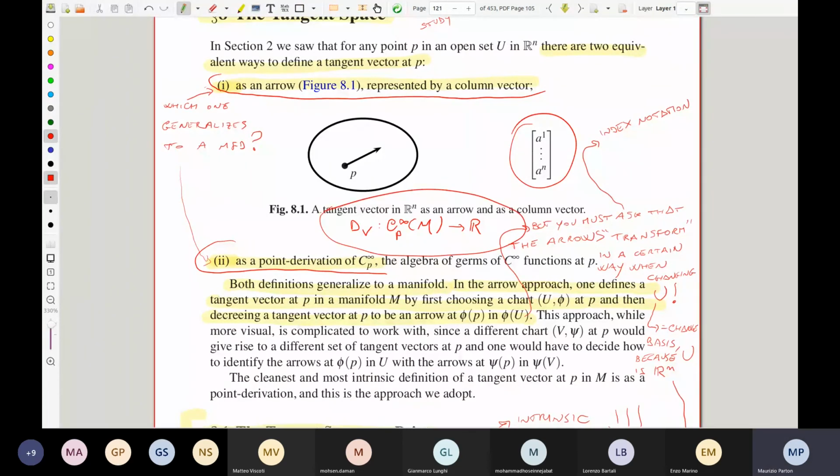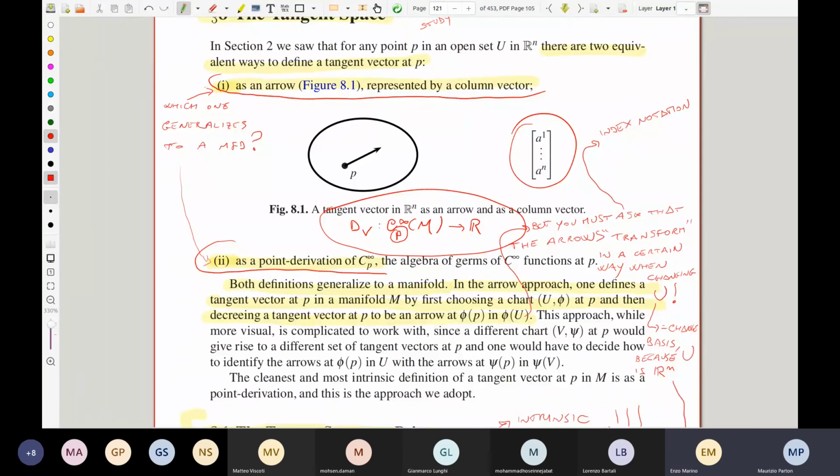What is the germ of a function at point P into a manifold? Well, exactly like before. It's the equivalence class of functions which are the same around P. This makes sense on the manifold. No charts involved.